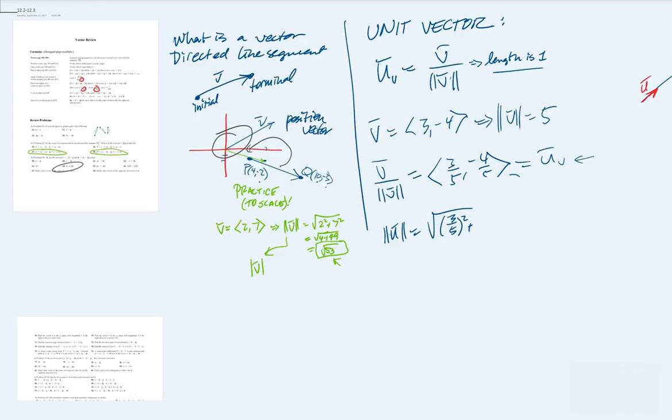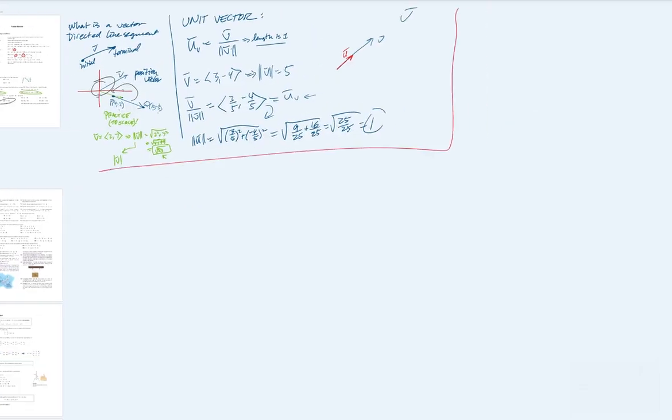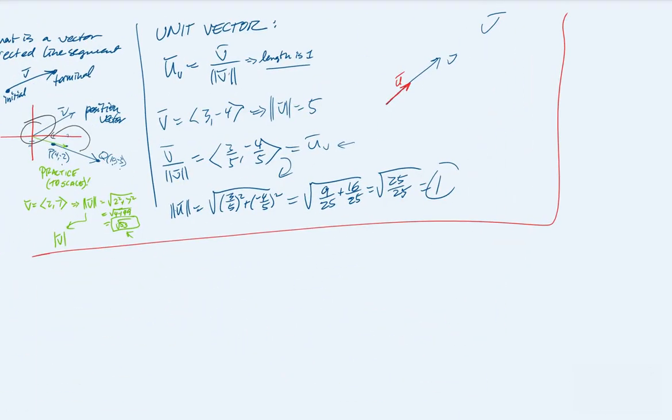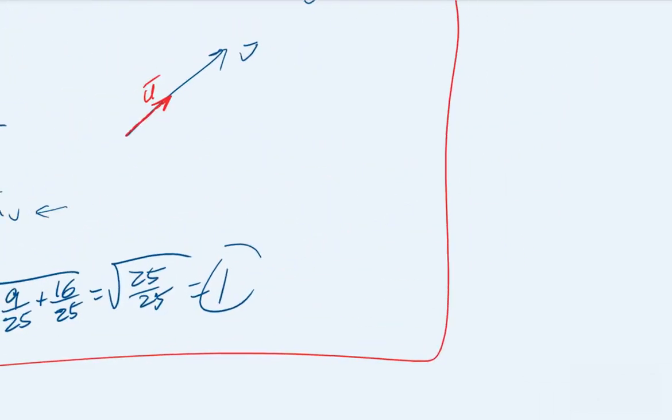So how do you add two vectors together? Well, you just add them point-wise. If you want to add two vectors that are position vectors, you just add them point-wise. Now the geometric version of adding, you're going to look at in the book.